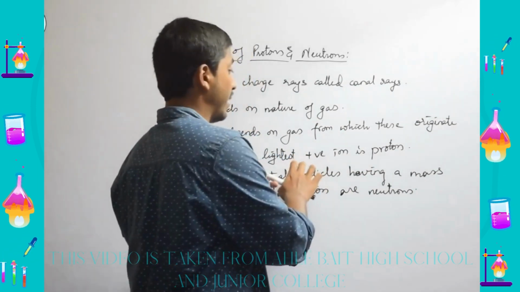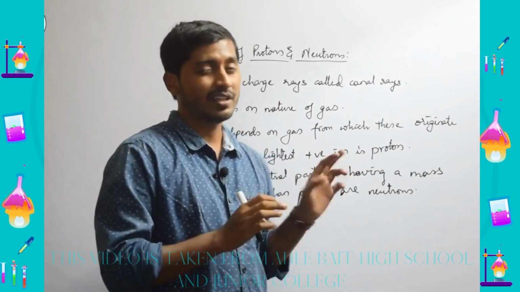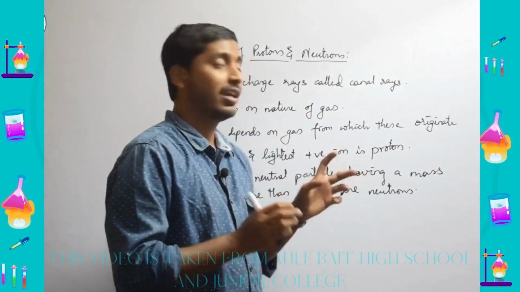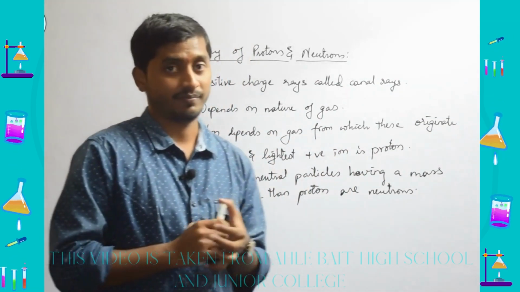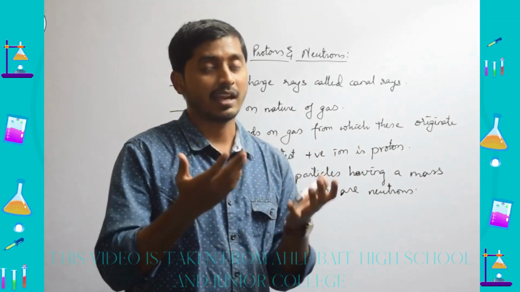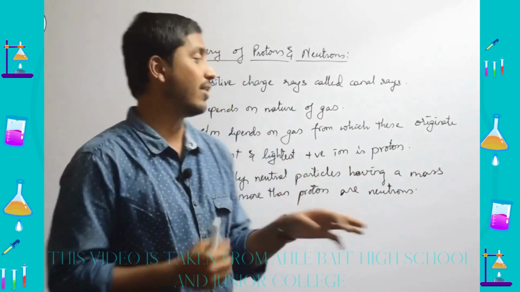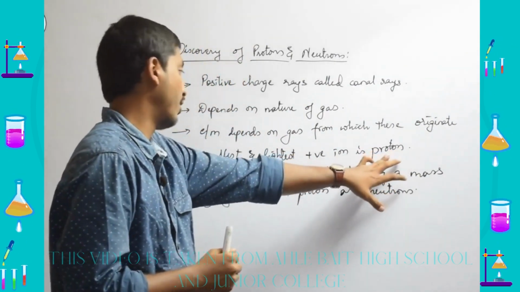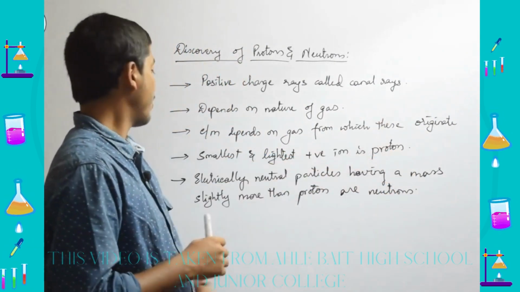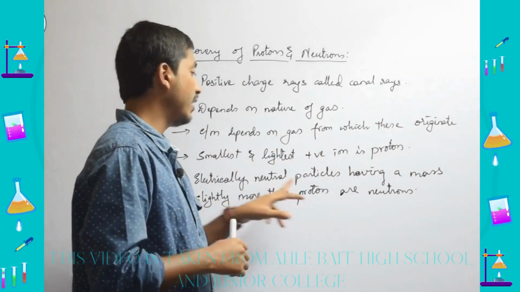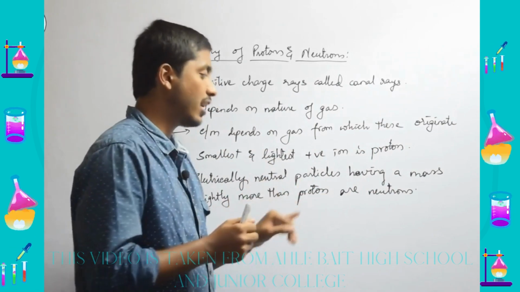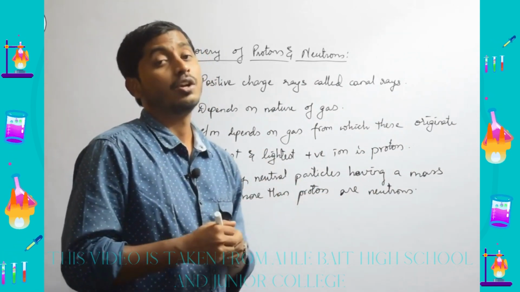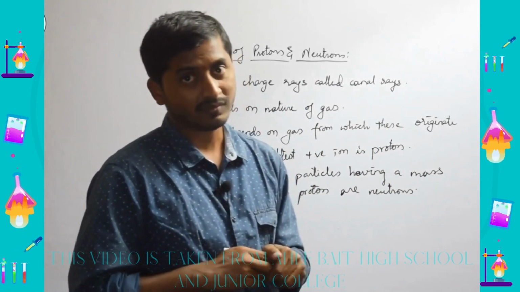This definition is better to remember because we will discuss which is that positive ion which is very small in size and very light in weight. We will discuss that atom in our future classes, that is simply called a proton, right. And one more point, an electrically neutral particle having a mass slightly more than a proton is called a neutron, right.